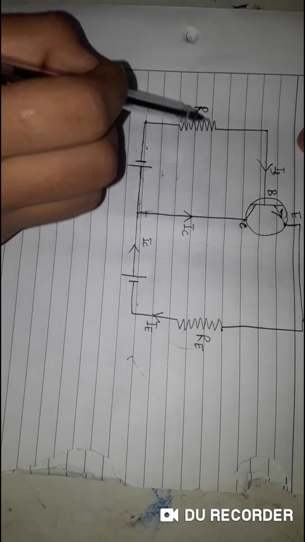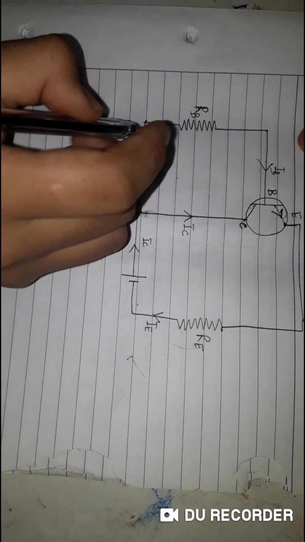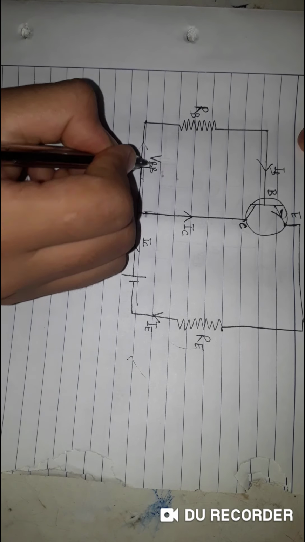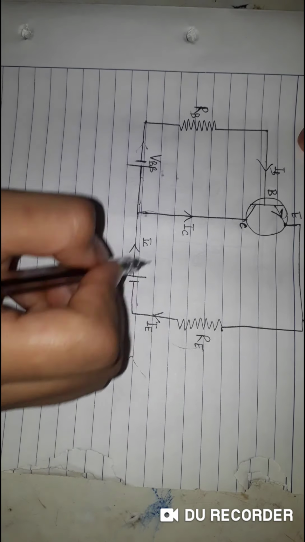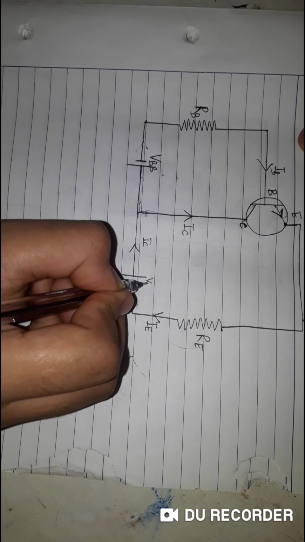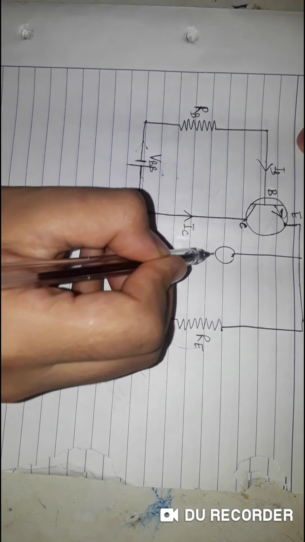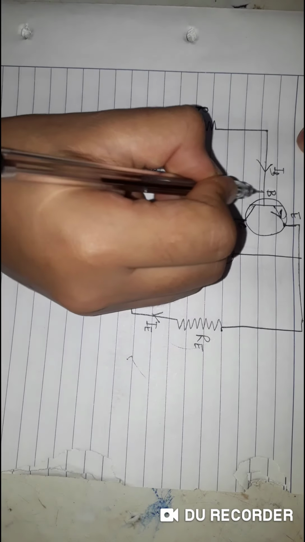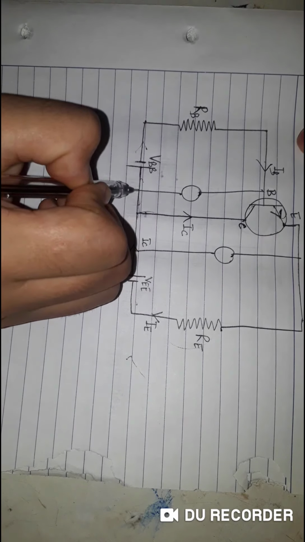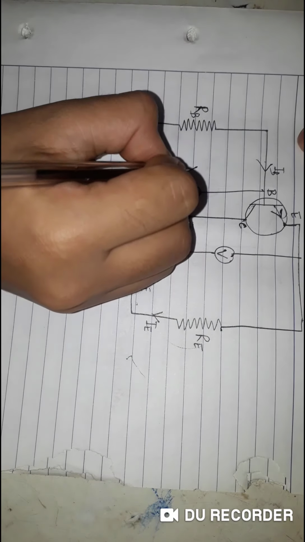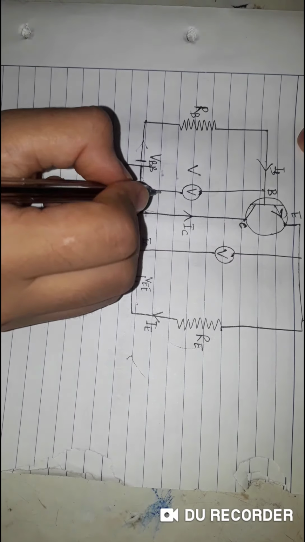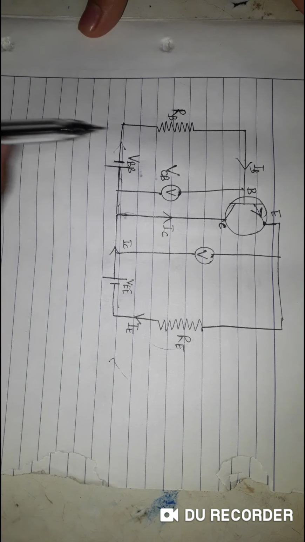And for naming, since this is the base area, we'll label it as VBB. And since this is emitter area, we'll label this as VEE. And we'll connect something over here and here as well. Here the positive terminal is connected to collector, so it is VC, and negative is, so I've labeled it.